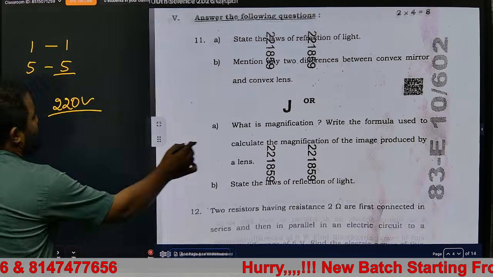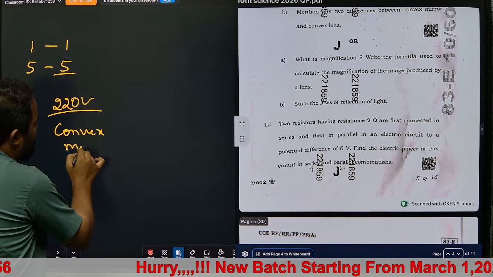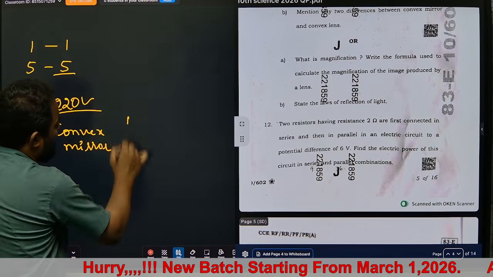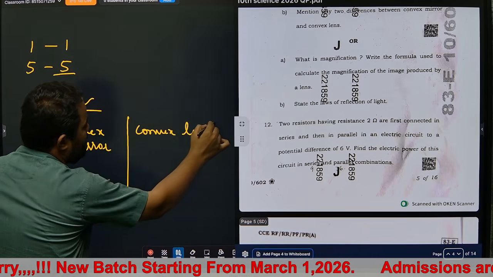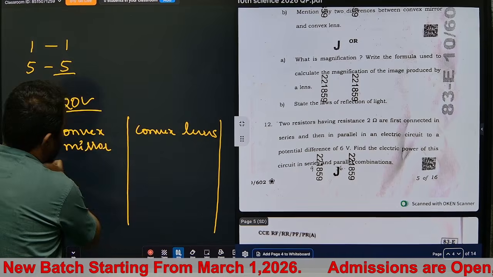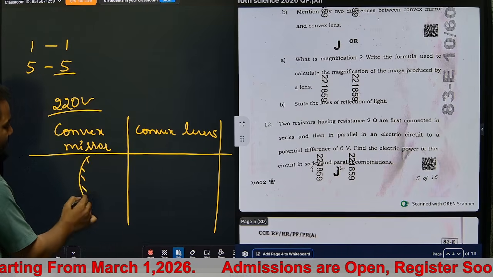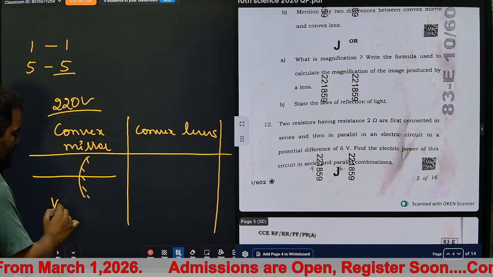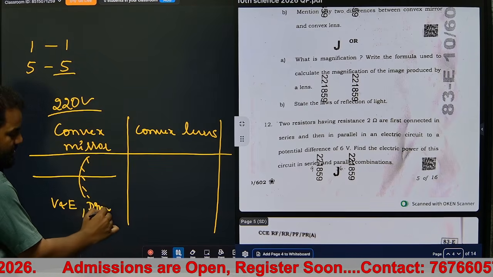Convex mirror and convex lens. You all know that a convex mirror always gives virtual and direct images, and the image is diminished.